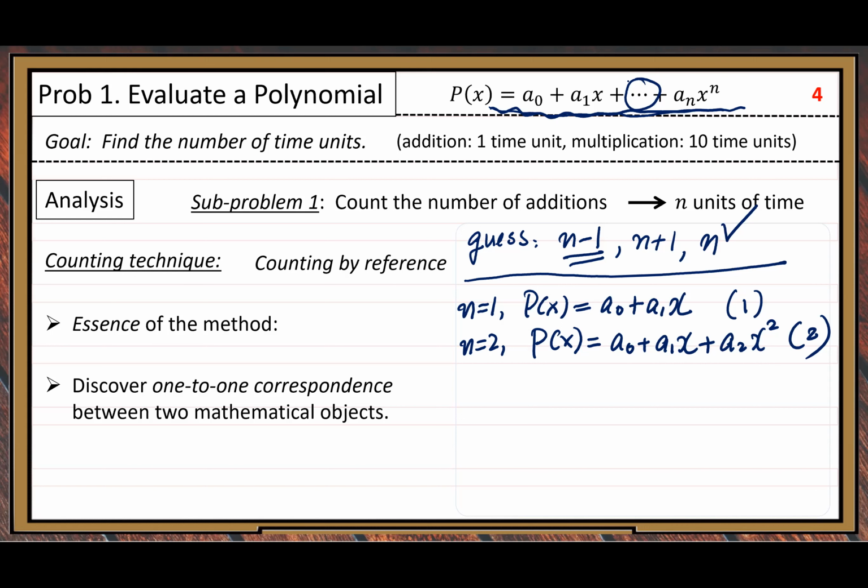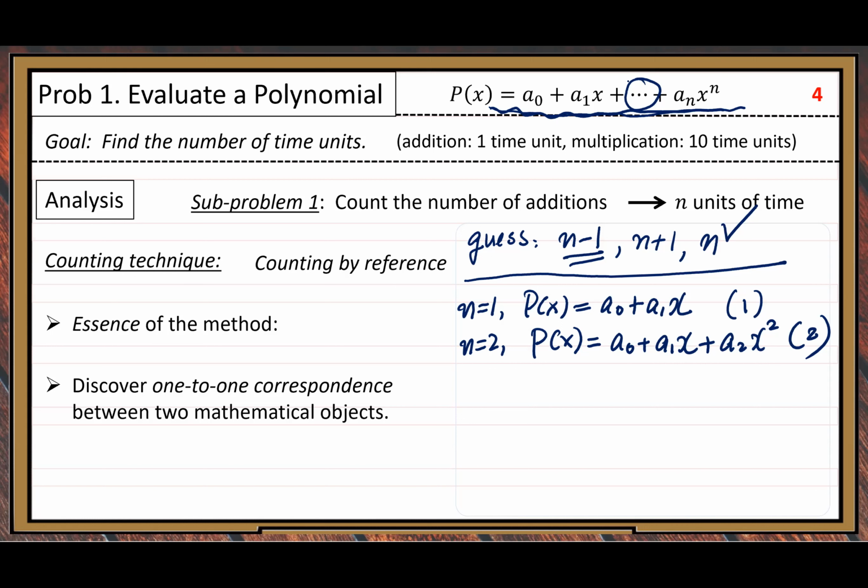Then, object 1 is relatively hard to count, because how do we keep track of all the objects? But object 2 is easier to count. Because we know there is a one-to-one correspondence, how about we just count object 2 instead of counting object 1?